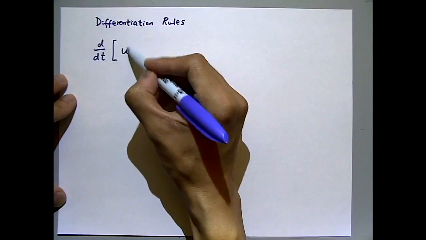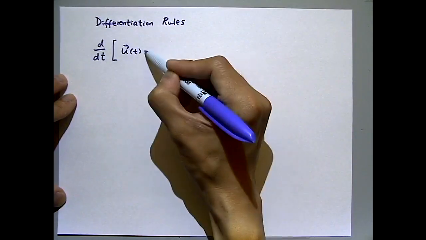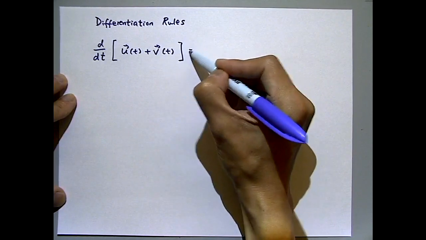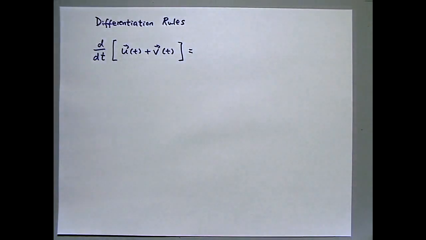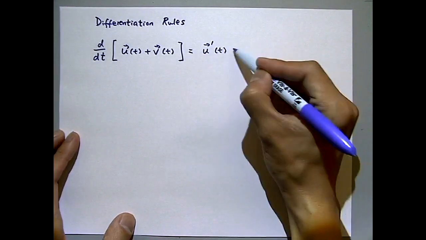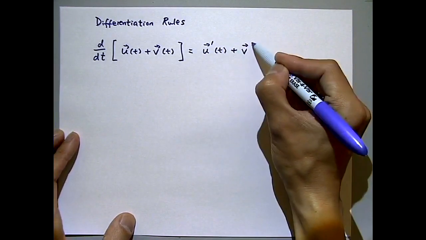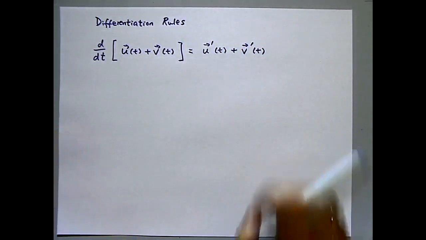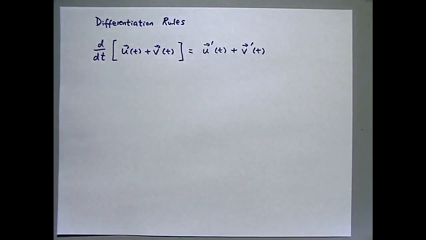Like I said, most of these make perfect sense and are very obvious. If you want to take the derivative of two vectors added together, you simply take the derivative of the individual vectors and then add them together, right? It's just like how you would deal with scalar functions. Derivative of f plus g is f prime plus g prime.